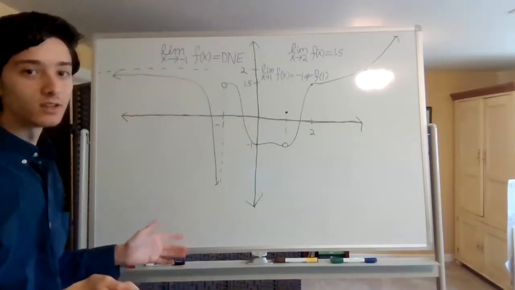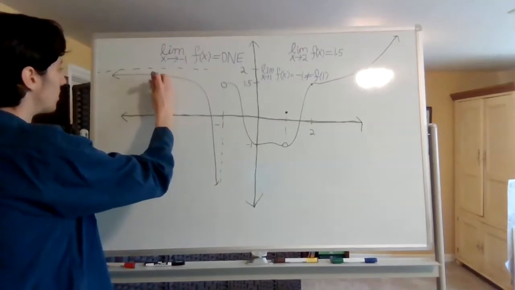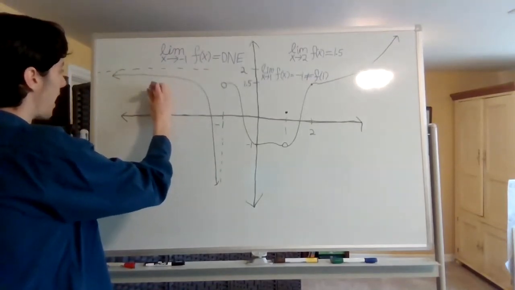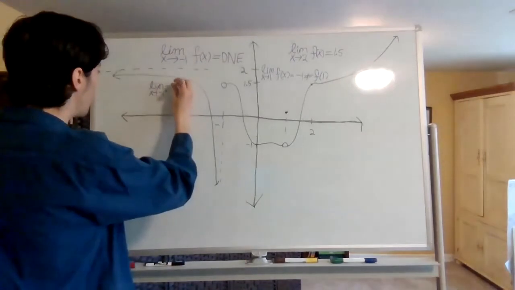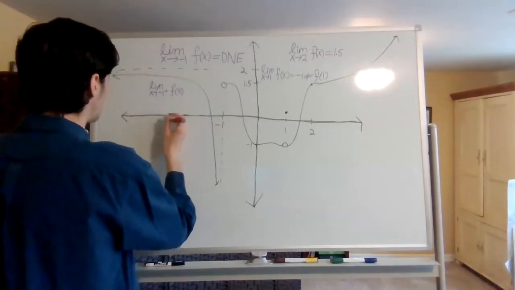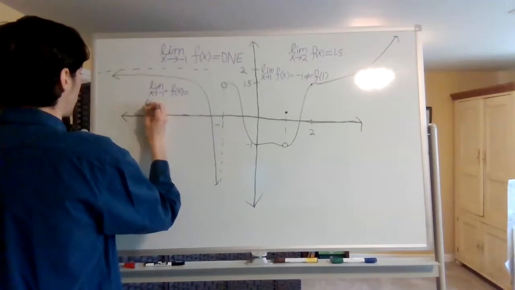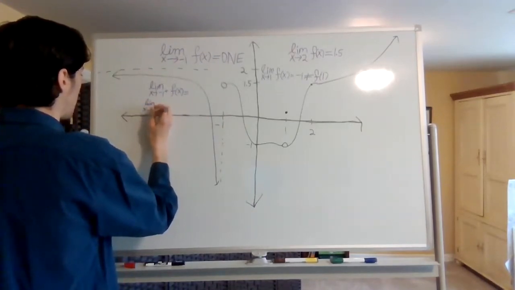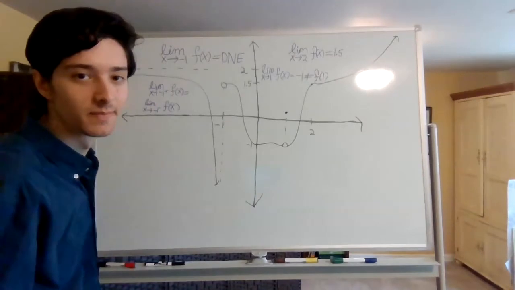And so really what we can do is see, well, how about the limit as x approaches -1 from the right of f of x, and the limit as x approaches -1 from the left of f of x.